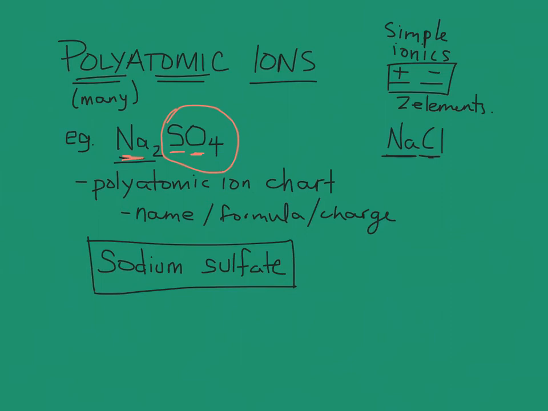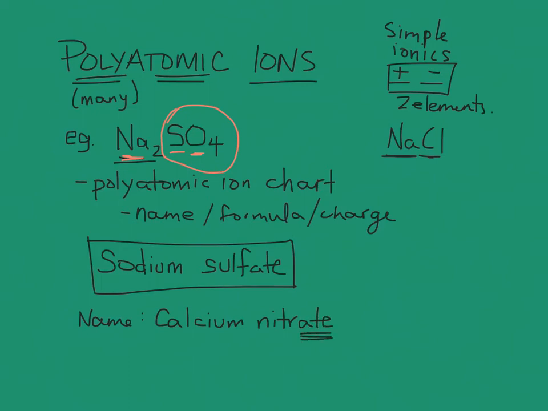Okay, and I could look at another one, and I'll give you a name one now. Let's go with calcium nitrate. Okay, and look, it's ending with an "ate." It's not an "ide."